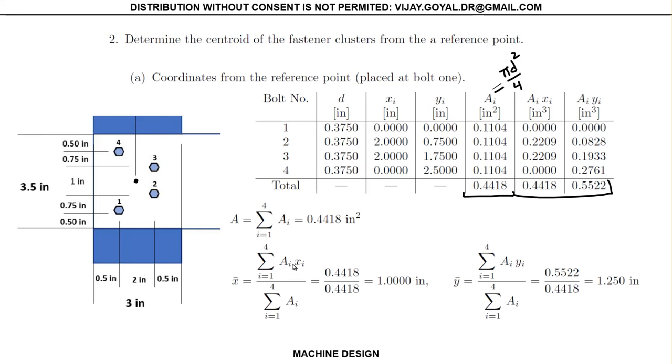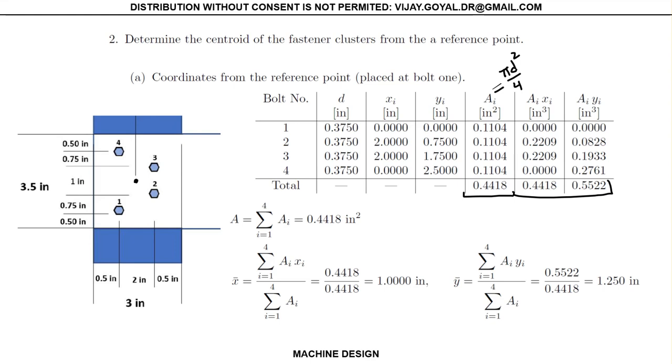Then here, the sum of Ai times Xi, you divide it, and this is equal to 1. It makes sense, right? This pattern is symmetric in this direction, so this is 1. Your Y will be a little bit different, it's 1.2, so that is located right there in the middle. So it makes sense so far, and now we can move on.